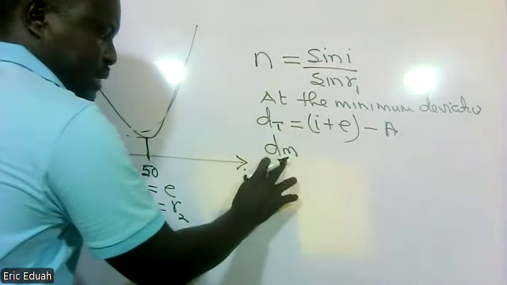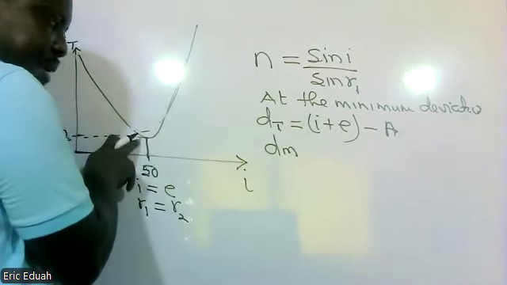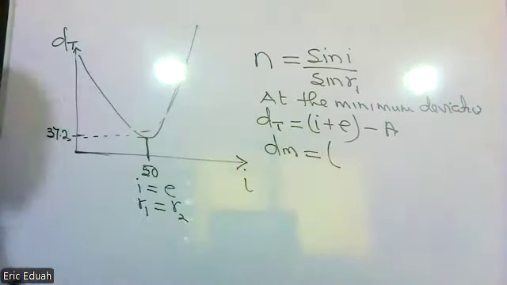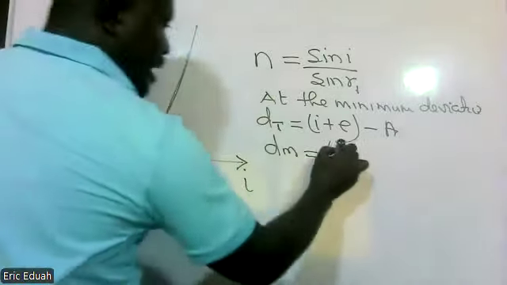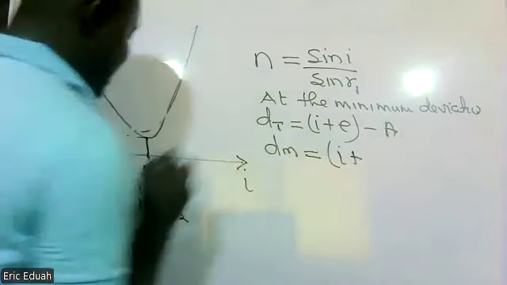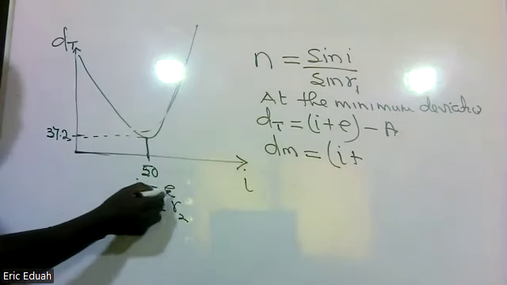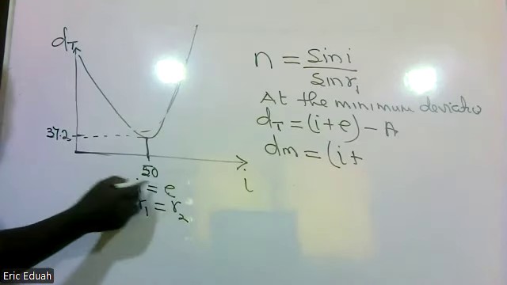Total will change to minimum because we are at this particular deviation. At the minimum deviation, we have the angle of incidence equal to the angle of emergence.